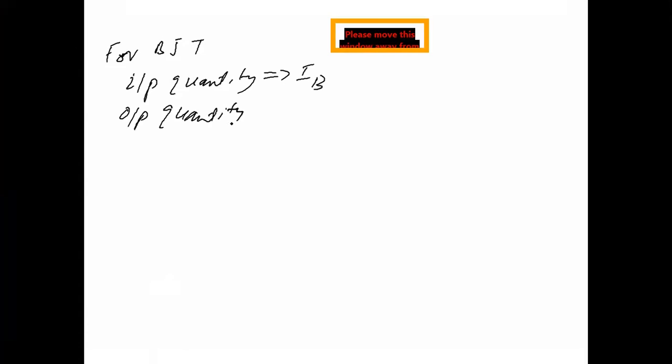For BJT, the input quantity is IB, the output quantity is IC. The ratio of these two quantities is called beta, the current amplification factor.